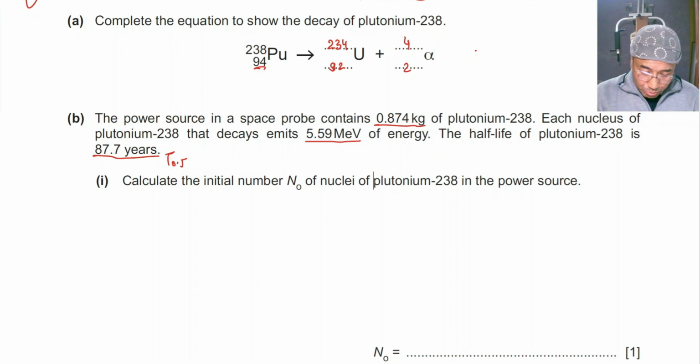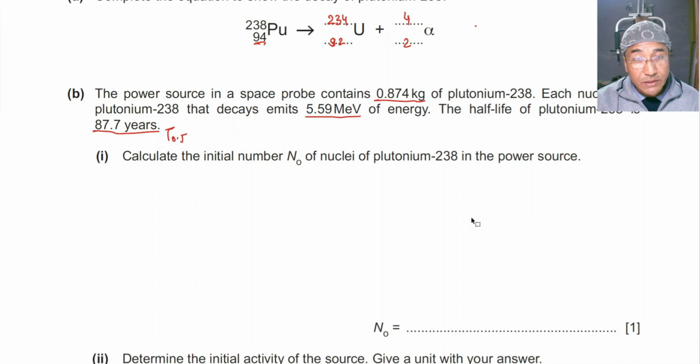Now we have to calculate the initial number N naught of nuclei of plutonium-238 in the power source. So we have the mass given here, and from this mass we have to find the initial number.